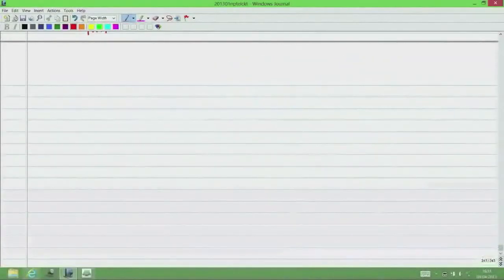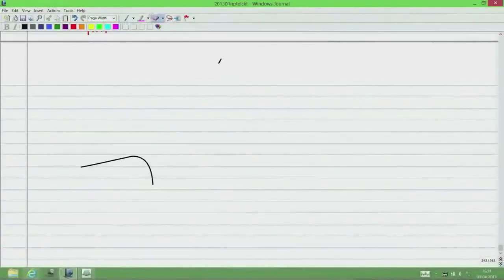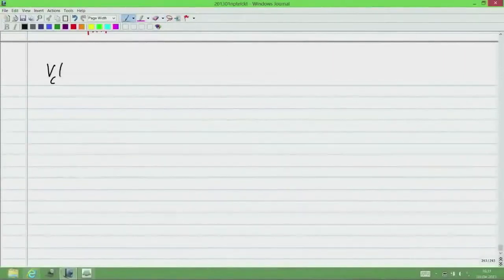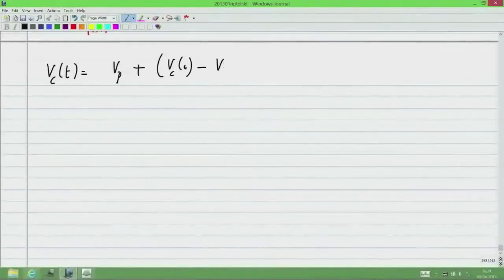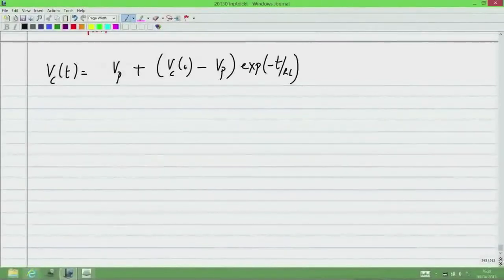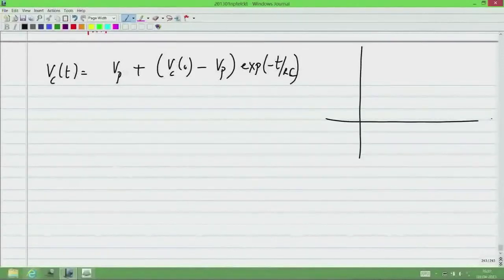Now we can also go ahead and interpret this equation further. First of all, if I plot this, let's say it starts from some Vc of 0 and reaches a steady state of Vp.